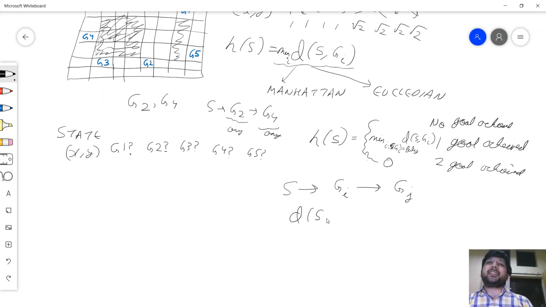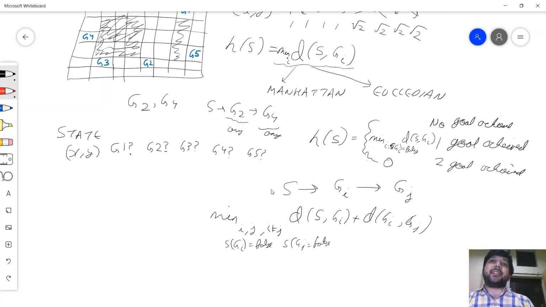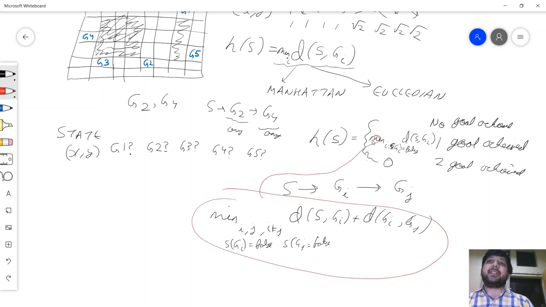So you'll minimize the distance between S and GI plus the distance between GI and GJ, and you need to minimize over all combinations of I and J, I not equal to J, and of course GI is false in the state, and GJ is also false in the state. So that's the one that goes around over here.